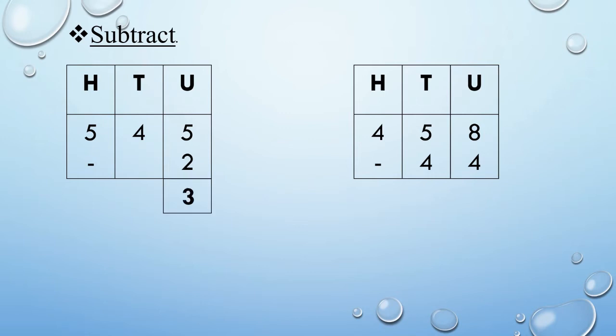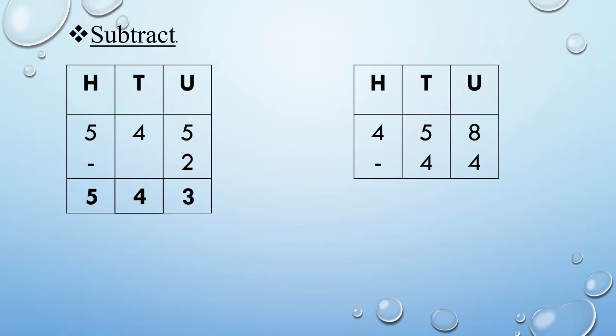In the tens column we have only 4 tens. And so the answer here is 4 tens. And in the hundreds column we have only 5. So it is 5 hundreds, 4 tens and 3 units. Which means the answer is here 543.